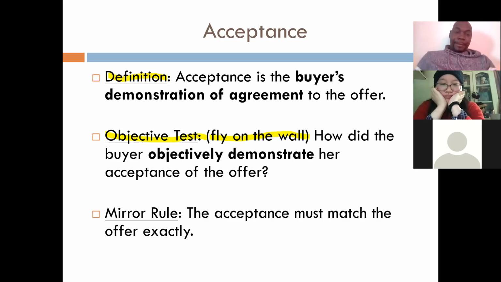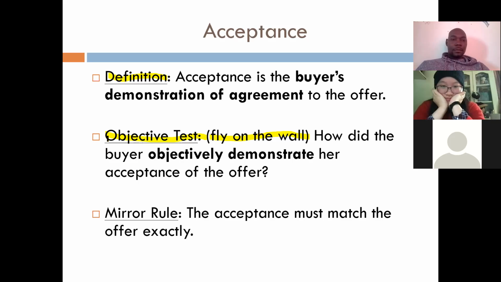The acceptance isn't really about Chris. Chris made the offer, now that's done. The acceptance is about the customer, and the question is, what did the customer do or say? That's the key idea.